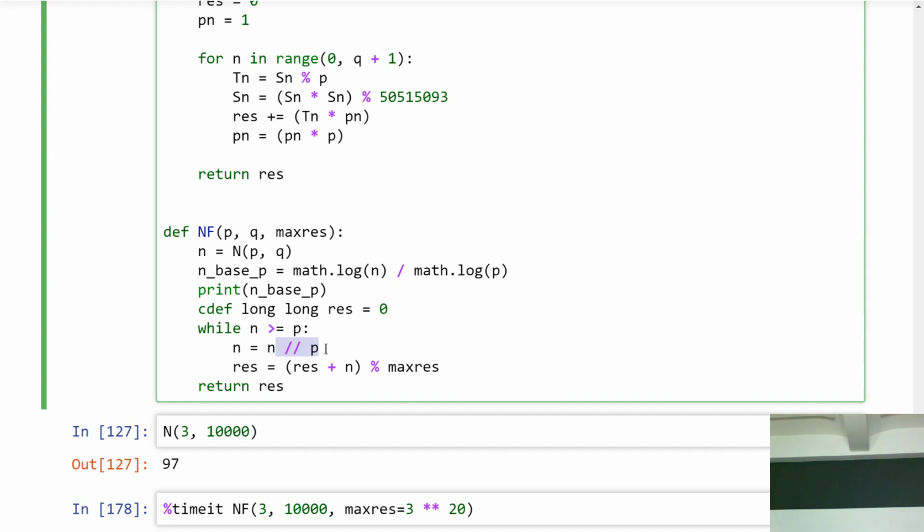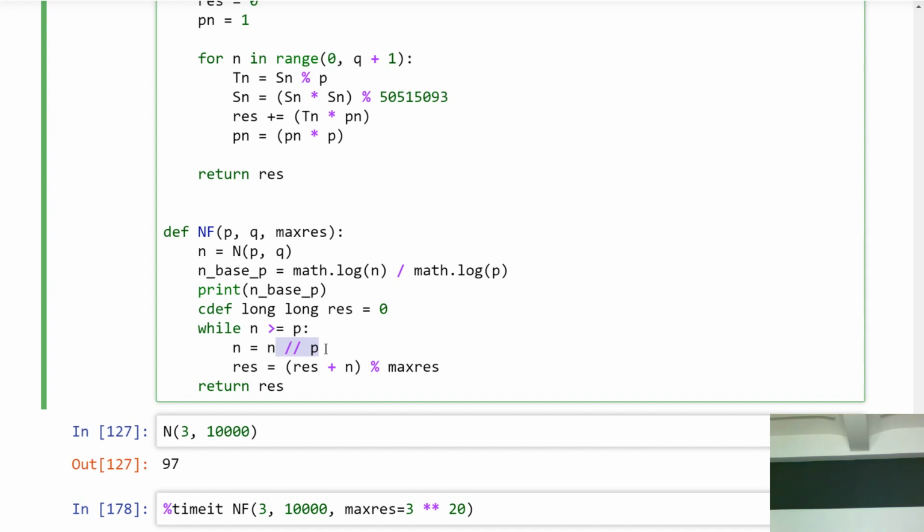Well, you could try a little ground. You could pick some. This is a highly composite number, isn't it? It's a factorial, of course. Well, even this, like 3 to the power of NT, you said we calculate NF, it's large enough.